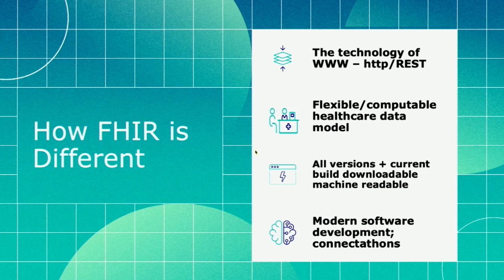The other thing to know about the website where FHIR is that everything there is there in a machine-readable, downloadable format. So each of the releases of FHIR that have been published are there. And the other thing, the next edition of FHIR that's being worked on is also there as what's referred to as the current build.